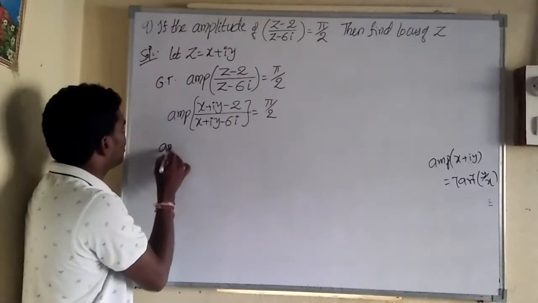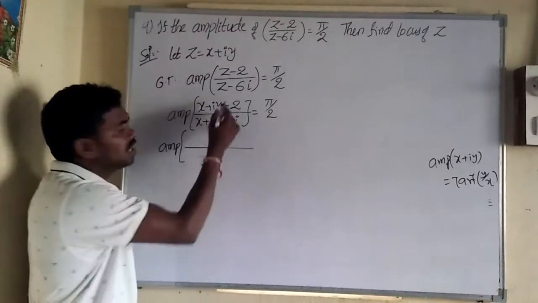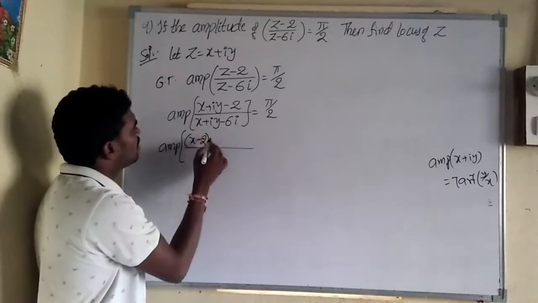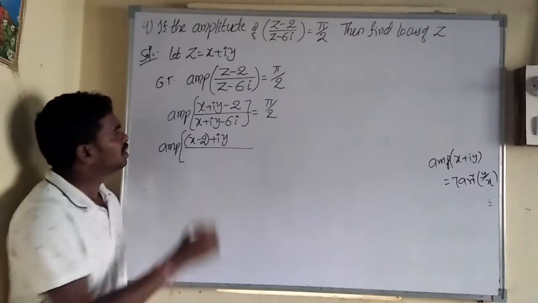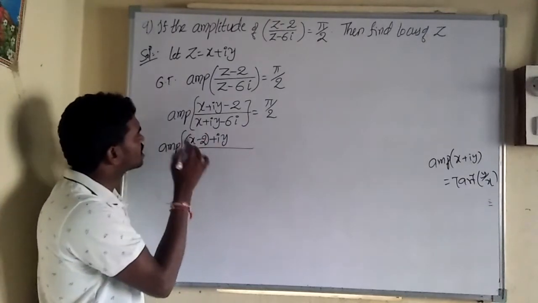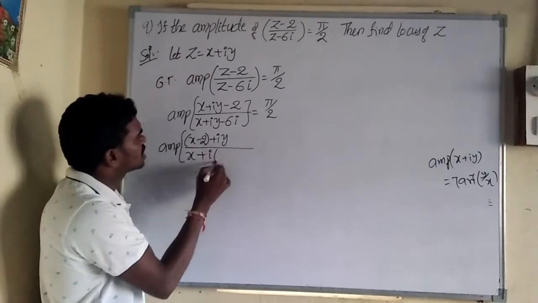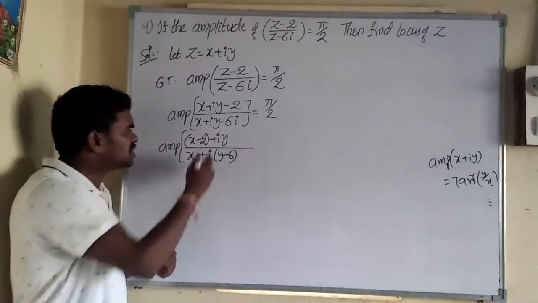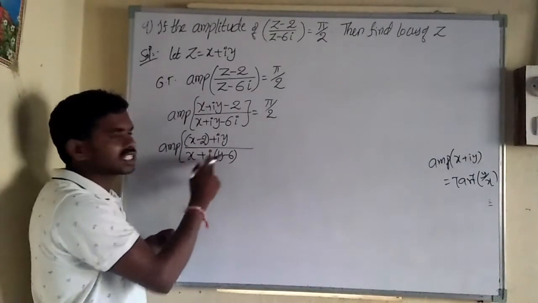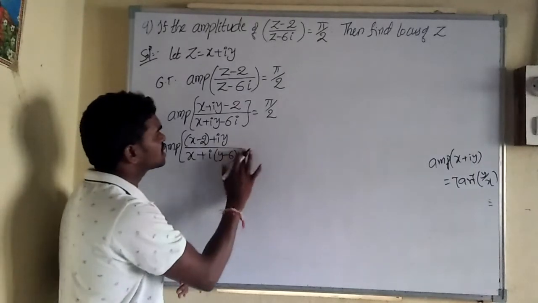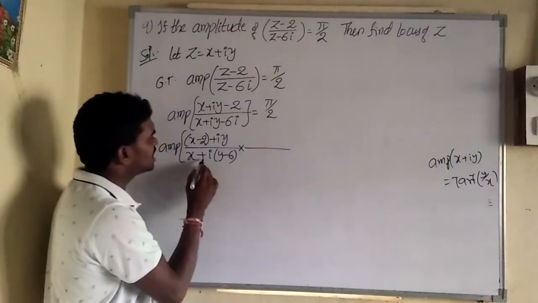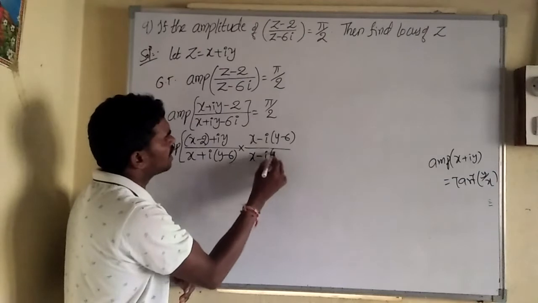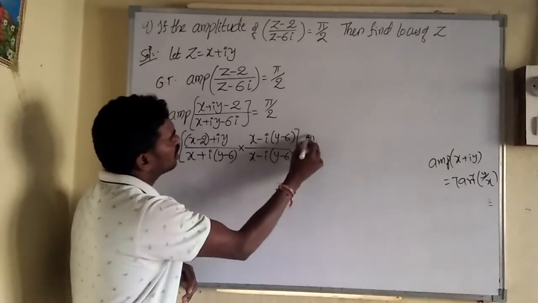Next, write the real parts: x minus 2, and the remaining, plus i, the coefficient of i is y; in the denominator the real part is only x, and plus i times the coefficient (y minus 6). Immediately in the next step we should rationalize this complex denominator. How to rationalize? Since there is a plus, take x minus i into (y minus 6), so multiply by (x minus i(y minus 6)) by (x minus i(y minus 6)) is equal to pi by 2.